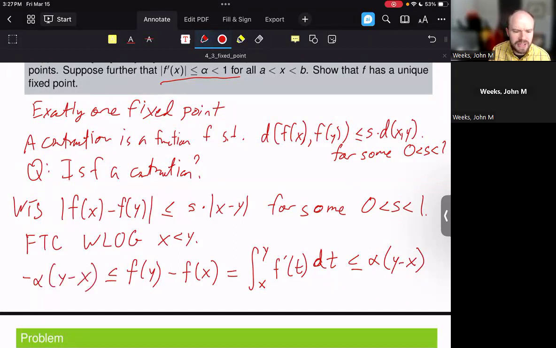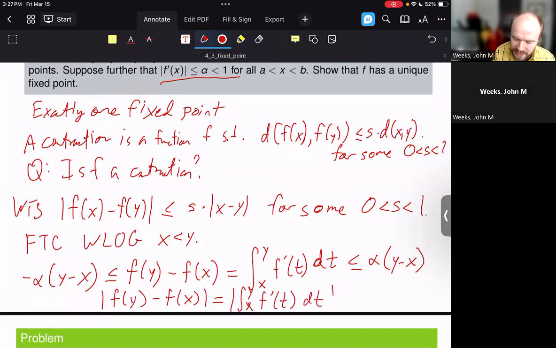What tool am I using to help me get this other side for this alpha? Here's where it comes from. I'm taking f of y minus f of x in absolute value and saying that that's equal to the integral from x to y of f prime of t dt. But notice that there is an interesting fact that goes on here.